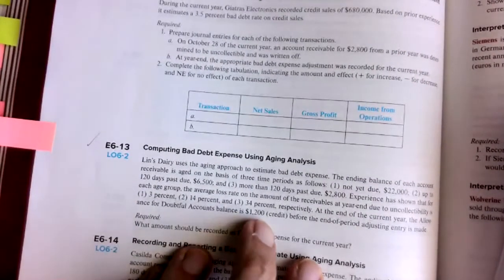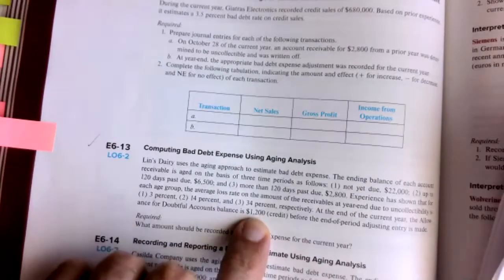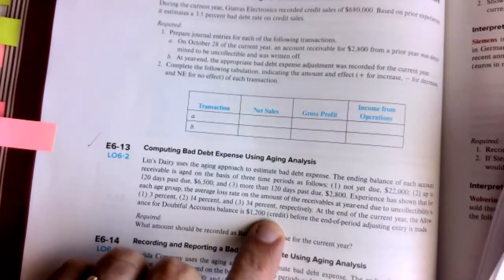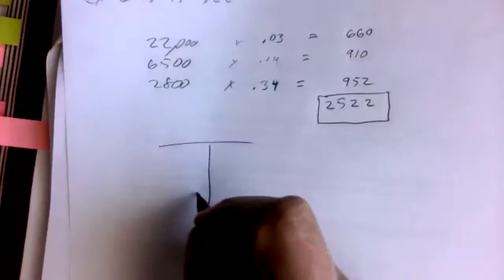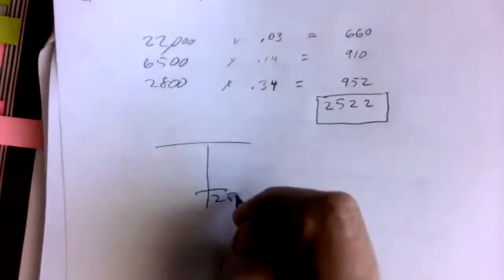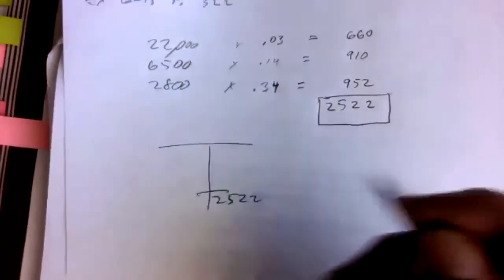But there's a little bit of a hook because there's already a balance in there. At the end of the current year, the allowance for doubtful accounts balance is $1,200. So they're just telling us it's a $1,200 credit balance. So that's what's in the allowance. But we want the ending to be 2,522. Okay.